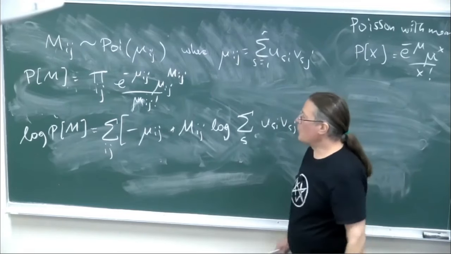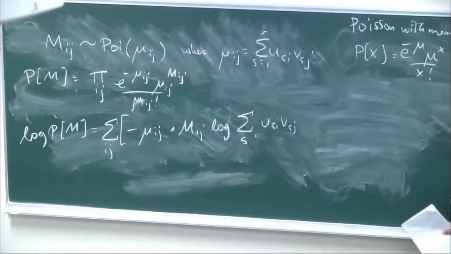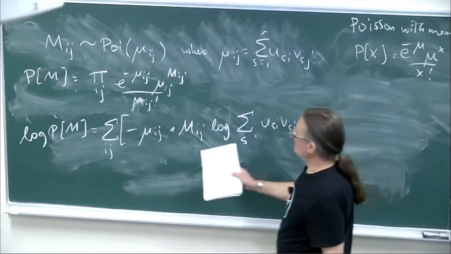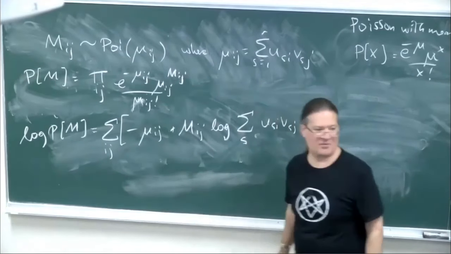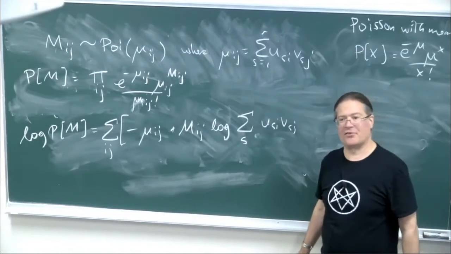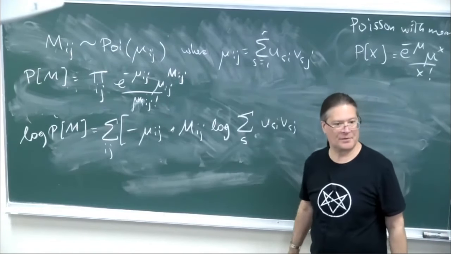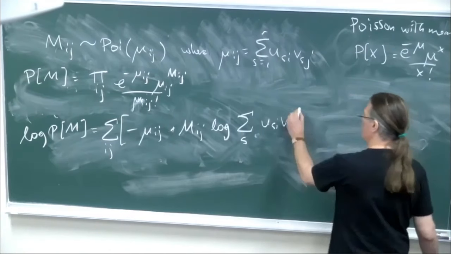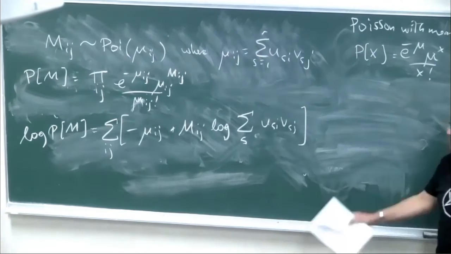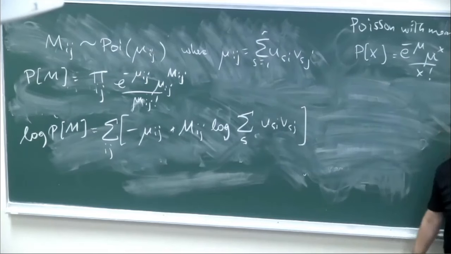And by the way, I want to maximize this as a function of the u's and v's, but this capital M here is not a function of them, so it just alters the log by a constant, so I'm going to ignore it. Okay, I want to maximize this as a function of the u's and v's.